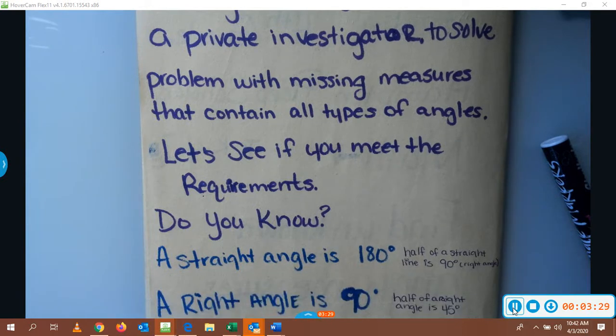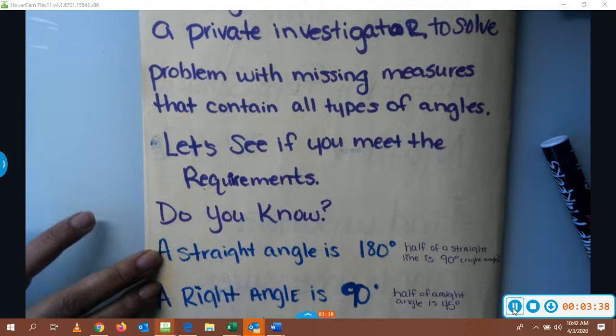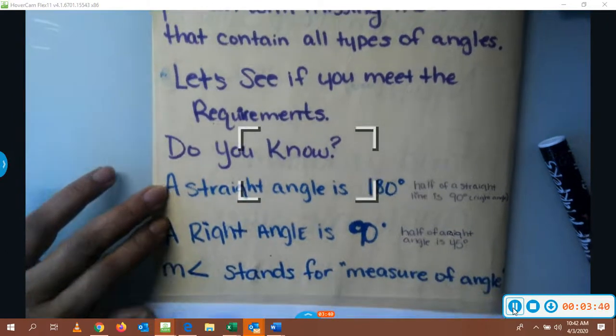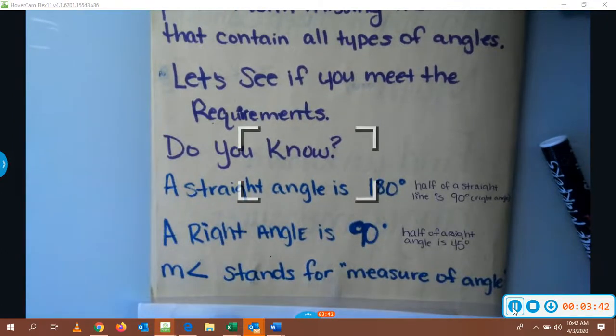Do you know that a right angle is 90 degrees and half of that right angle is 45 degrees? Did you know those two? And did you also know that m with this symbol stands for measure of angle? If you knew that, then you're ready.